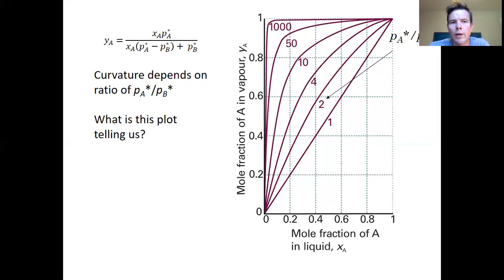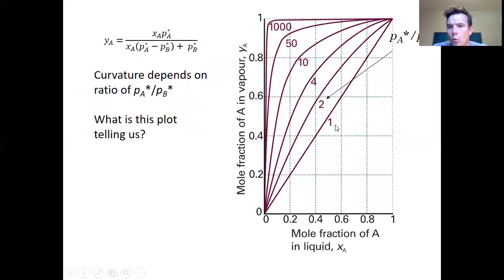And what you might buy is that the composition, the mole fraction in the vapor phase, will depend on the ratio of PA and PB. So I get both PA and PB in here. And specifically, the functionality of it is shown here in this plot. This got a little cut off by my talking head, but these numbers here represent the ratio of PA star to PB star.